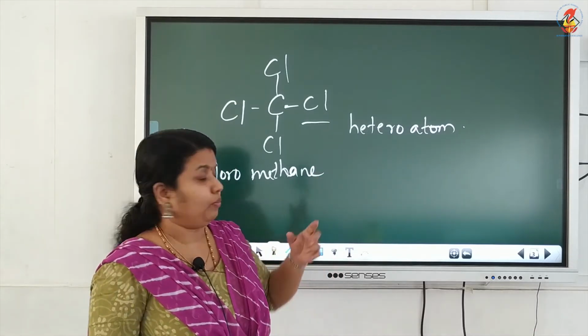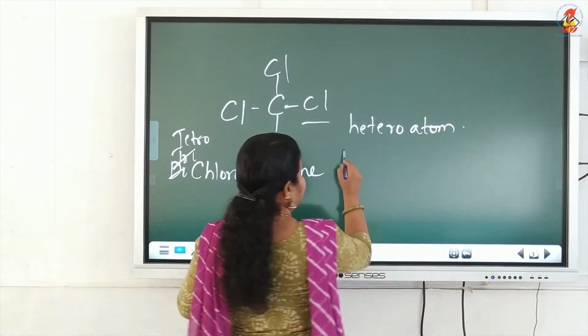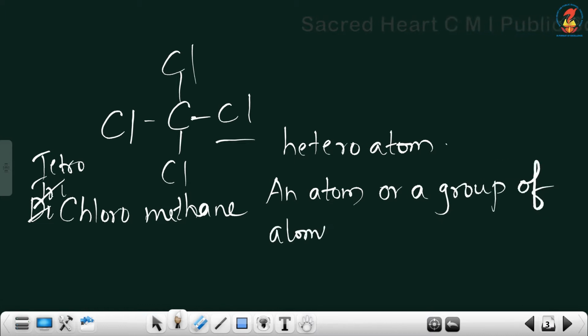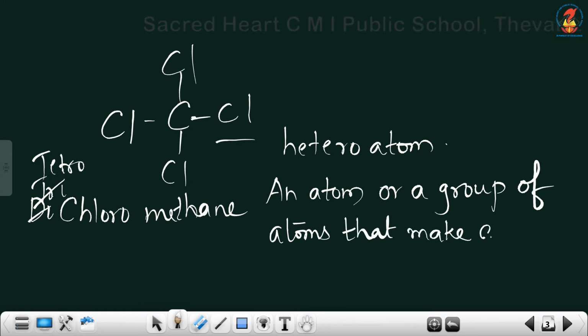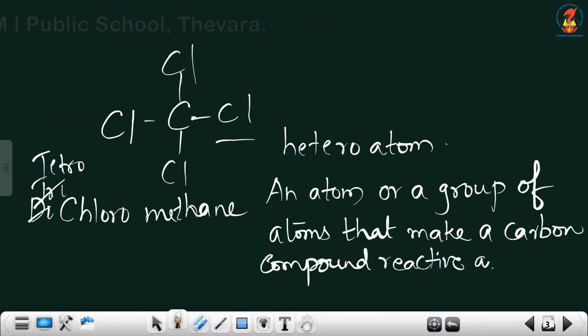Now, what is a functional group? In this compound, this chlorine atom acts as a functional group. A functional group is an atom or a group of atoms that makes a carbon compound reactive and decides its properties.